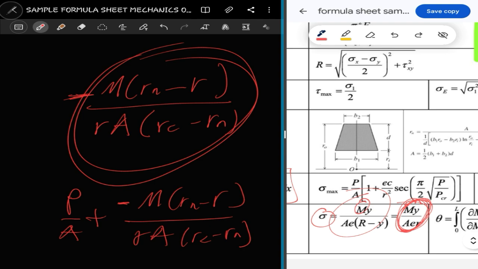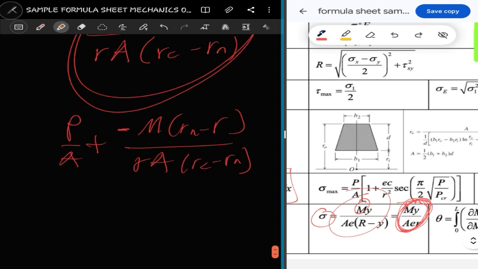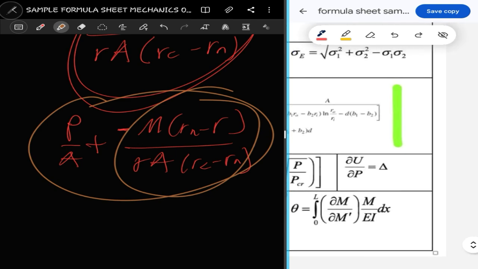So if the point is having a direct stress, it is this plus this one. Okay, move on.